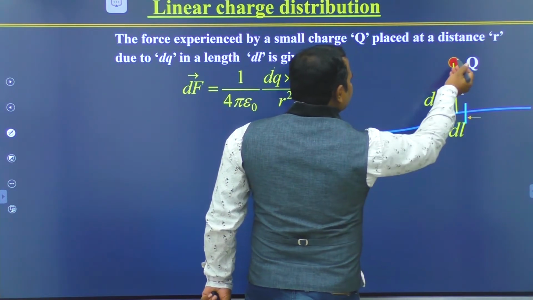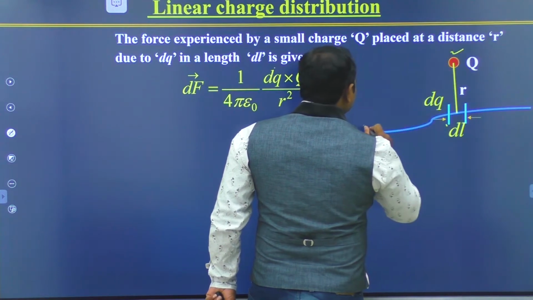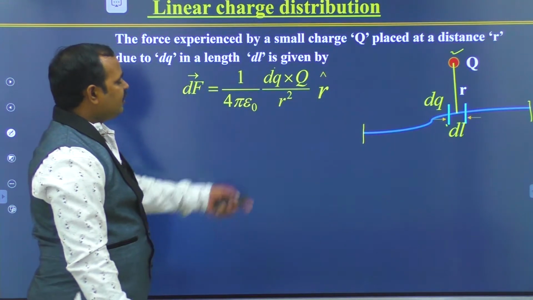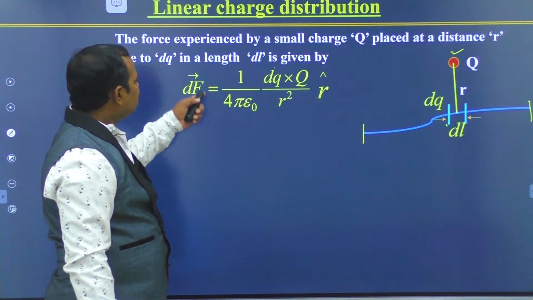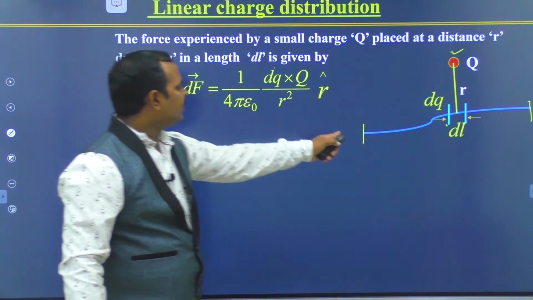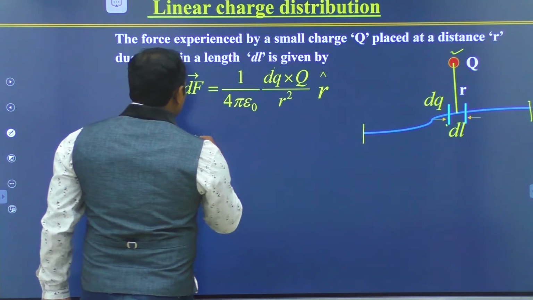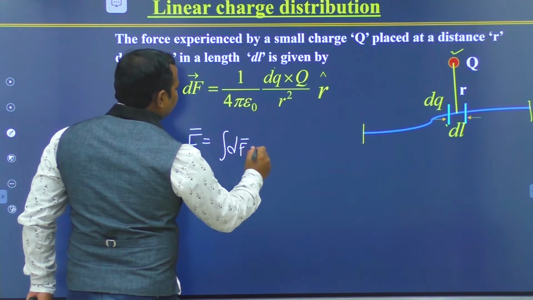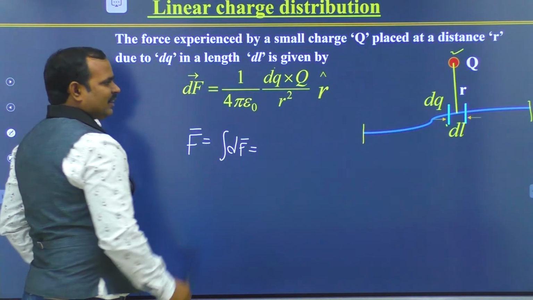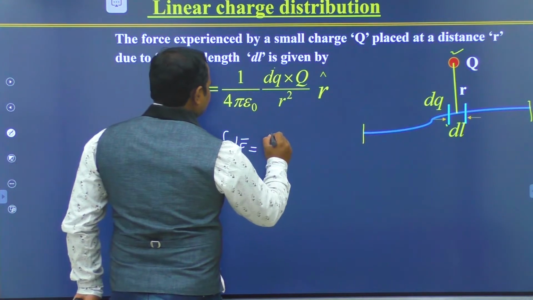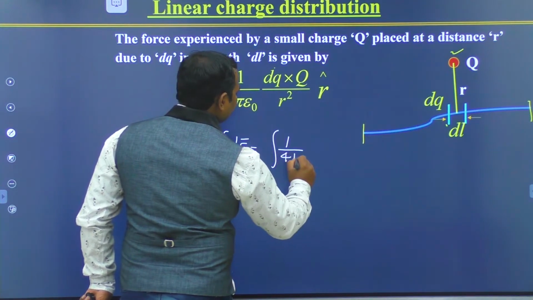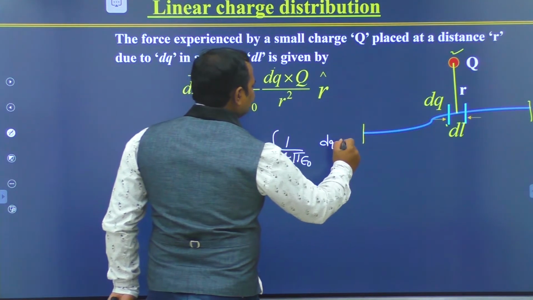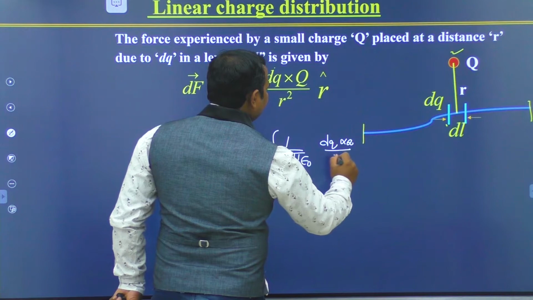Now how about the force experienced by this charge from the total length from here to here? If you want the total force, then you simply integrate this force over the length. So F bar is equal to the integration of dF bar. This is a line integral. That means the integration of 1 by 4 pi epsilon naught dq q by r square.